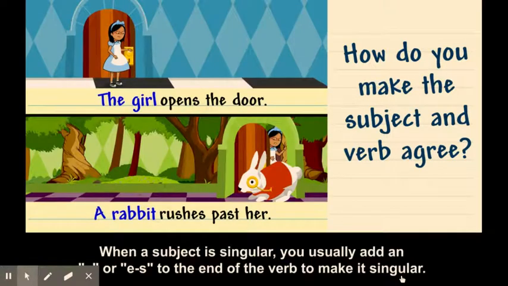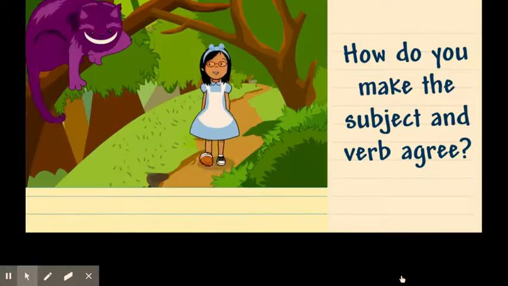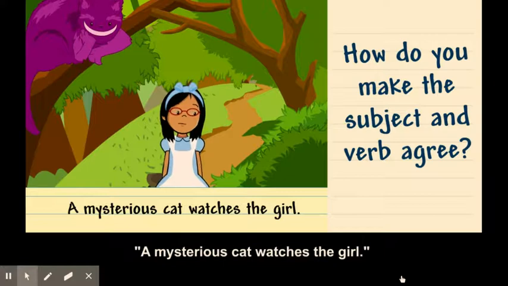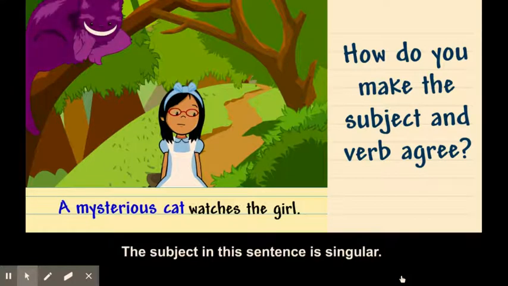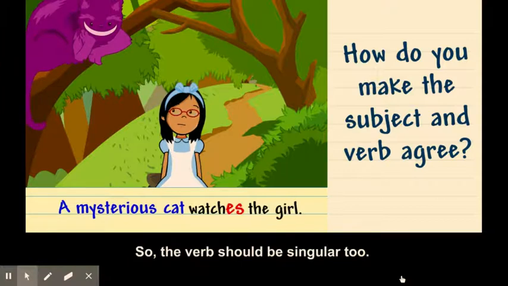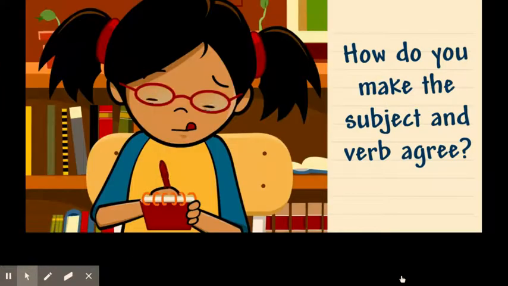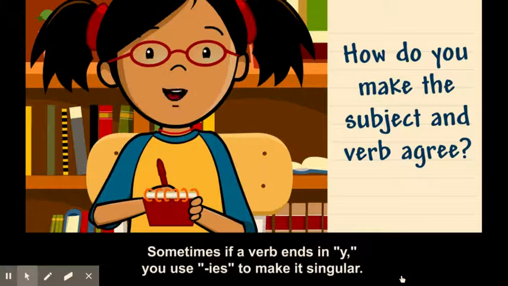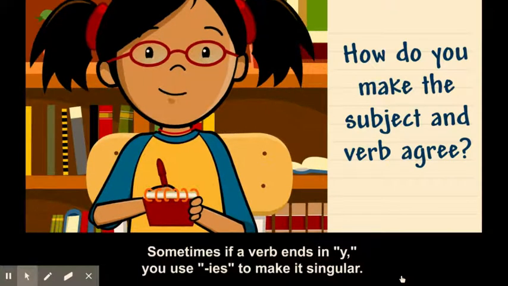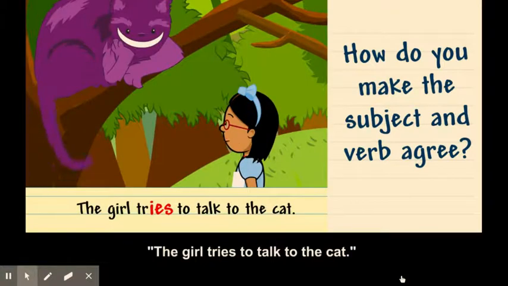When a subject is singular, you usually add an S or ES to the end of the verb to make it singular. A mysterious cat watches the girl. The subject in this sentence is singular. So the verb should be singular too. Sometimes if a verb ends in Y, you use IES to make it singular. The girl tries to talk to the cat.